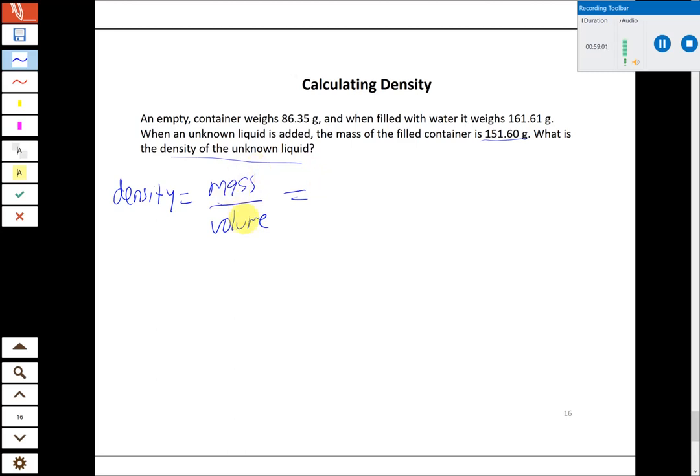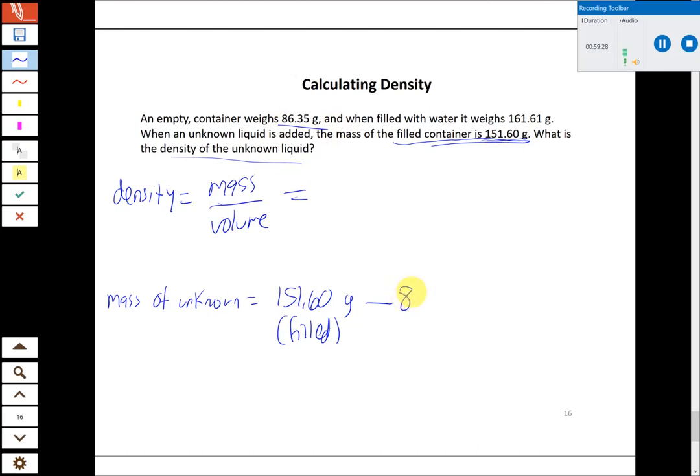But neither of these is given to us directly. We didn't tell you exactly how much unknown liquid we have because we told you that the mass of the filled container is 151.60 grams, but that includes the liquid and the container. So if we want to find the mass of the unknown liquid, we have to subtract. It's 151.60 grams, the mass of the filled container, minus 86.35 grams, the empty container.